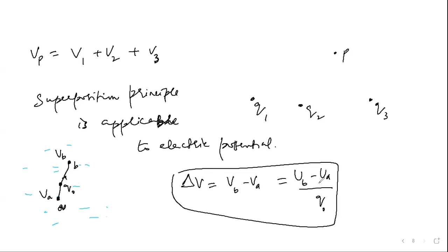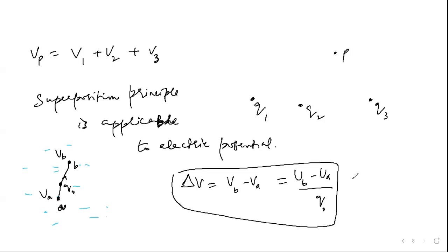UB is the electric potential energy of the configuration when Q naught is placed at B. UA is the electric potential energy when test charge is placed at A. So change in potential is change in potential energy per unit test charge.